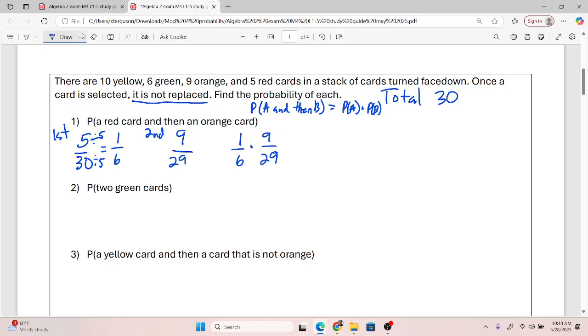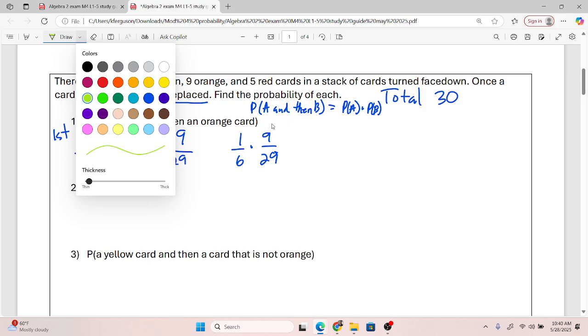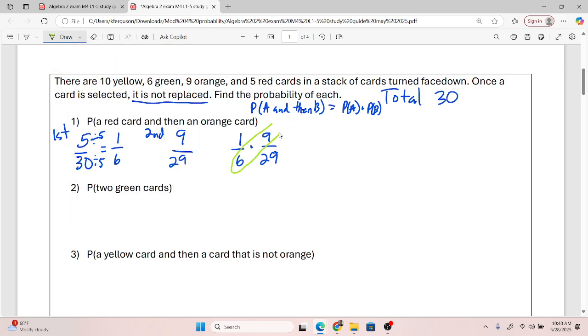Now, I can butterfly. 1 and 29, they don't have anything in common but 1, and 1 doesn't change anything. But 6 and 9, they do have something in common. They can both be divided by 3.